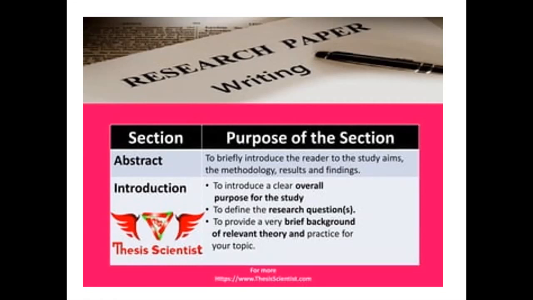Normally an abstract word limit is given. When you write the abstract, maybe 1 page, that might go into 50 to 60 words. You have to manage writing the aims, purpose, methodology, results, and findings.